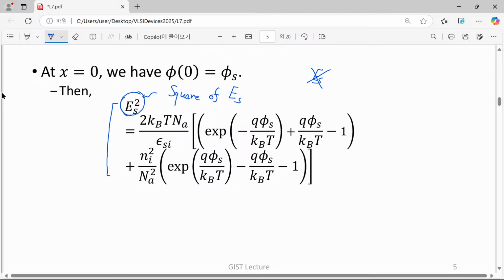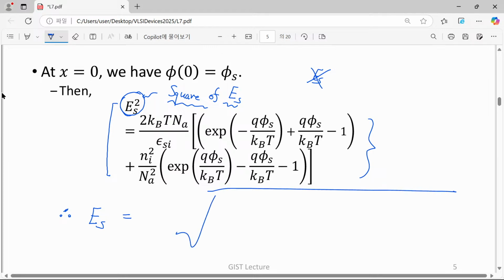But by multiplying a clever weighting factor, now you get the square of the surface electric field, and it is given in this seemingly quite complicated form. But from this one, what you can do is, okay, ES is given as the entire square root of this right-hand side term. Are you with me?